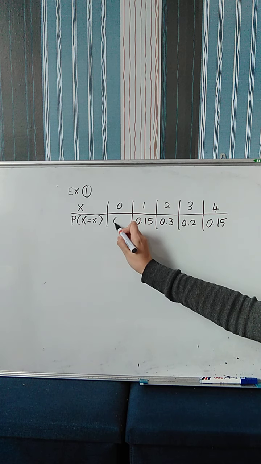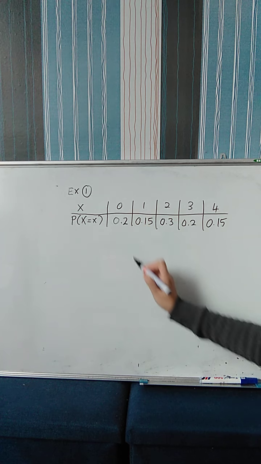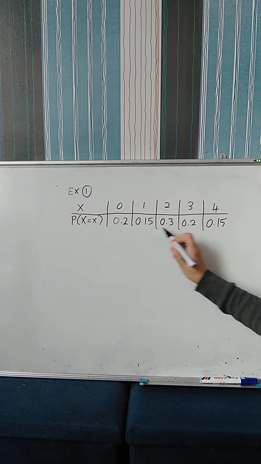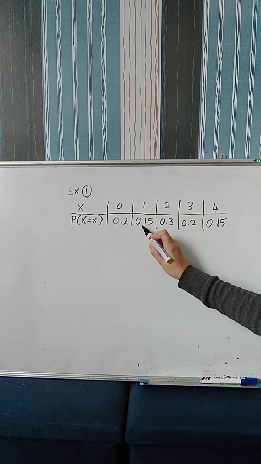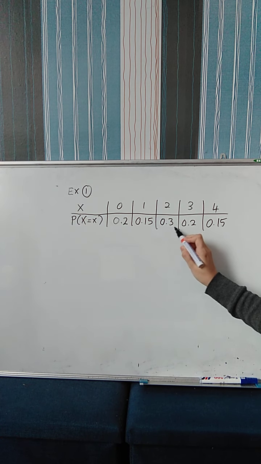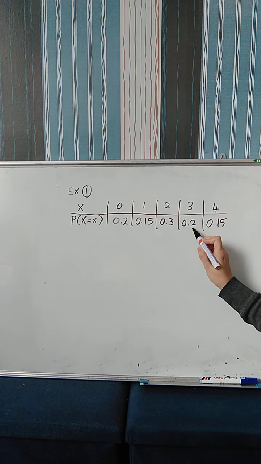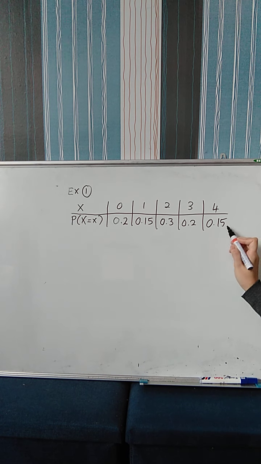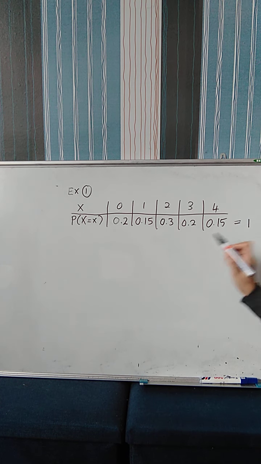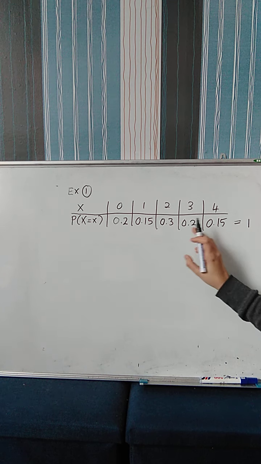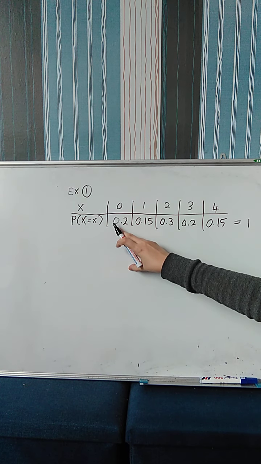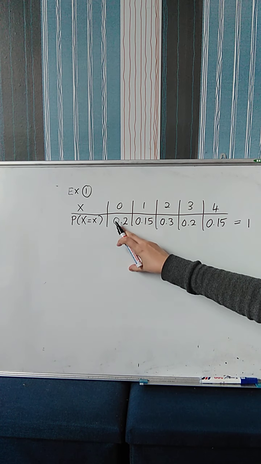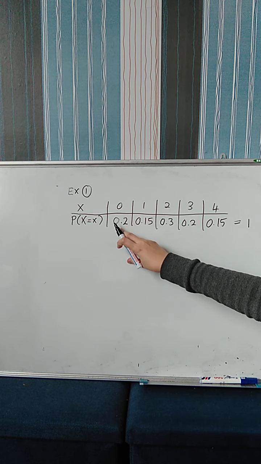You change to 0.2 here, because the total must be equal to 1. So 0.2, 0.15, 0.3, 0.2 plus 0.15 must be equal to 1. So in your note, please change to 0.2 for x equal to 0.